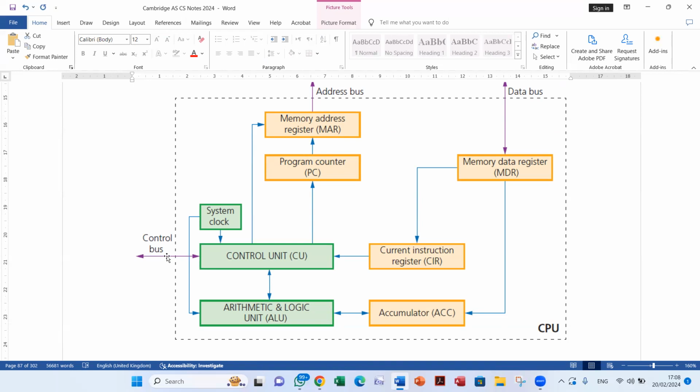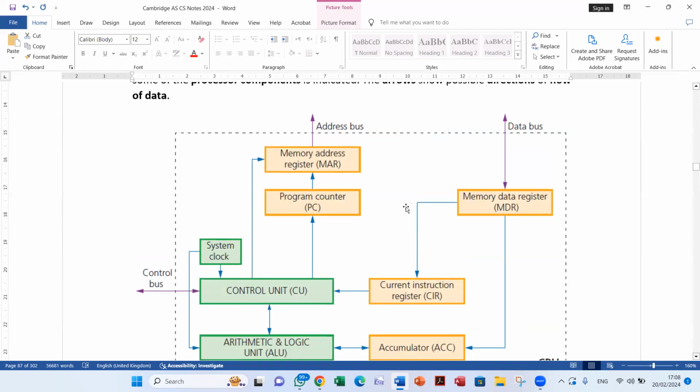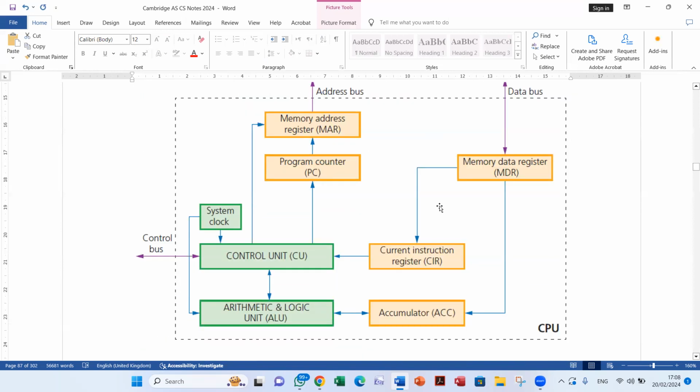You have to study what an interrupt is. When a device requires the processor's attention, it sends an interrupt signal along the control bus. Okay? What else do we have?